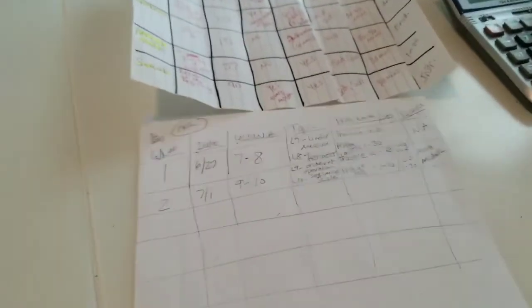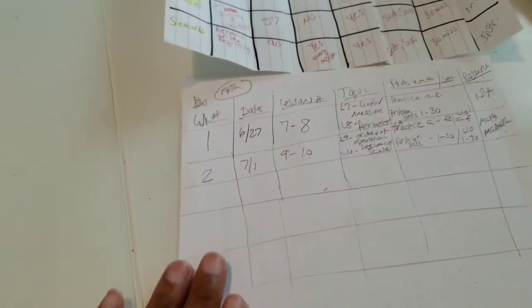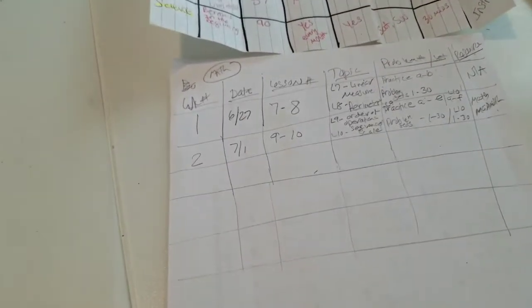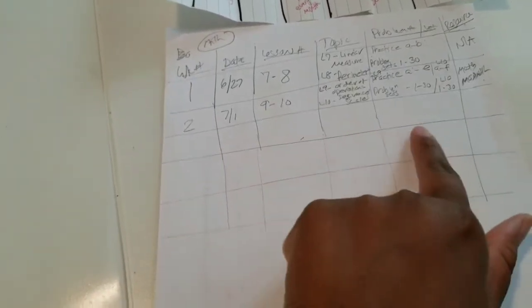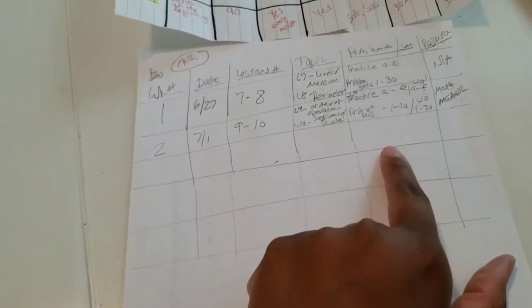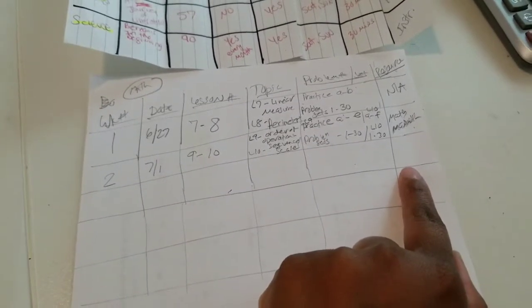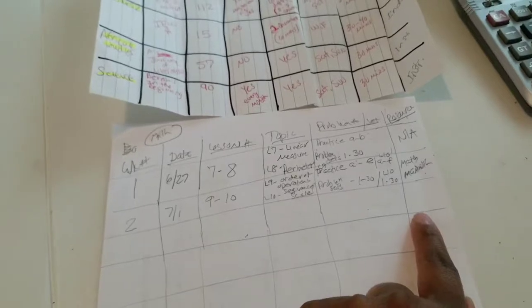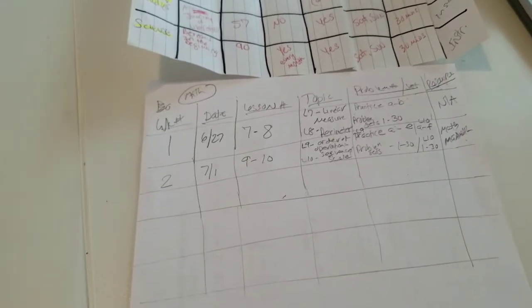So although I plan year round, just like this, breaking out every single curriculum by week, by date, by lesson, by topic, by what I'm going to have him do, and based on any additional resources I'm going to use, I go back on a monthly basis.